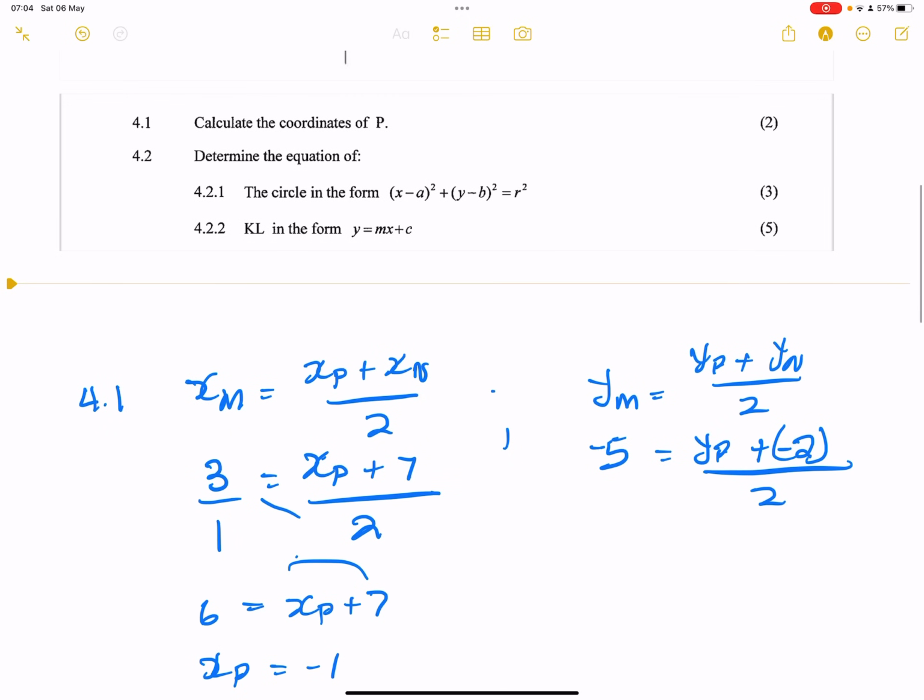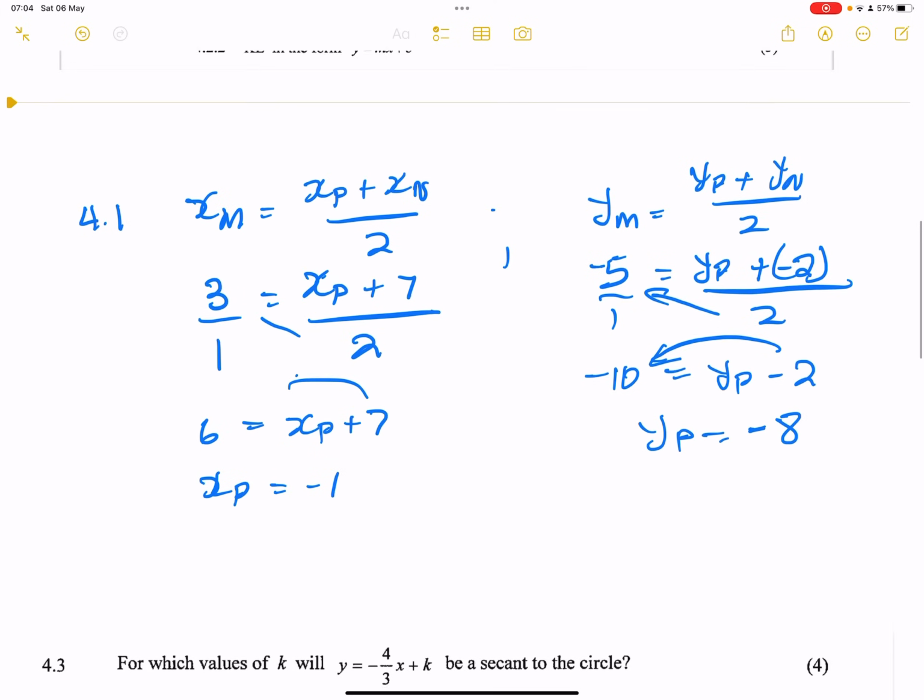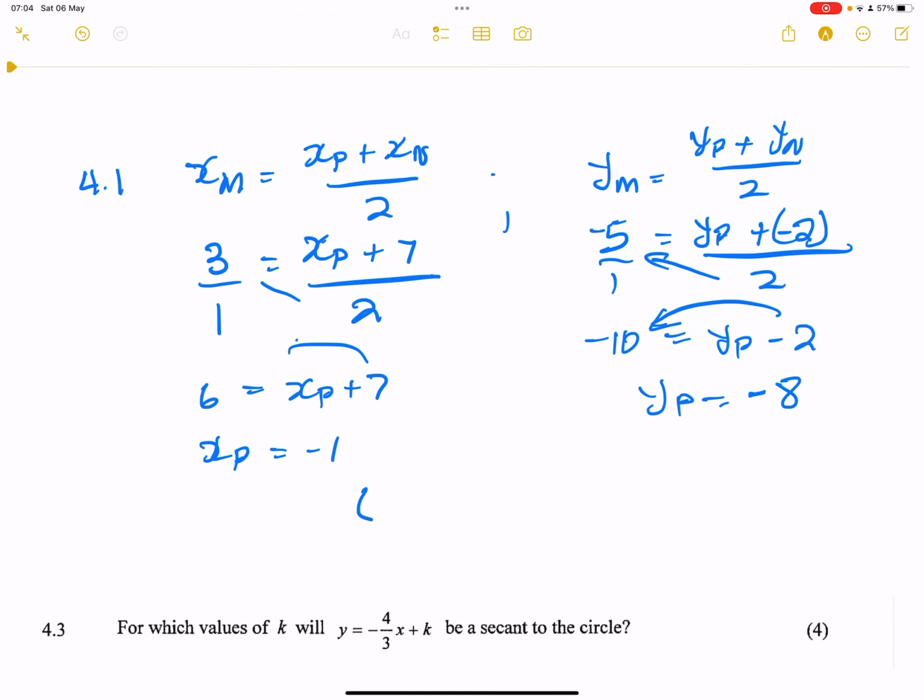We cross multiply again. -5 times 2 is -10, and this is yp - 2. If we take this to the other side, yp becomes -10 plus 2, which gives us -8. And I did say to you, please always make it a point that you always verify.